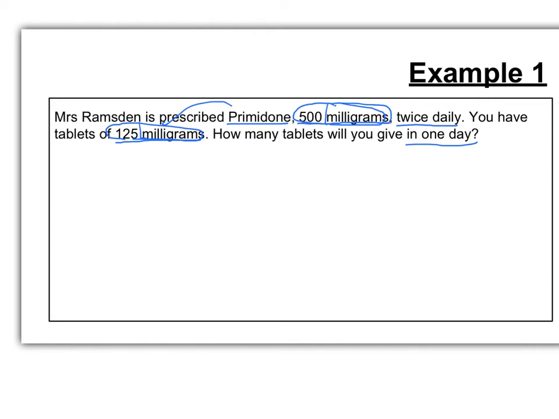Now to approach this, what I'm going to do is work out that they need 500 milligrams, but I have a tablet of 125 milligrams, so how many tablets do I need to give them to get up to 500? So basically that's working out what is 500 divided by 125.